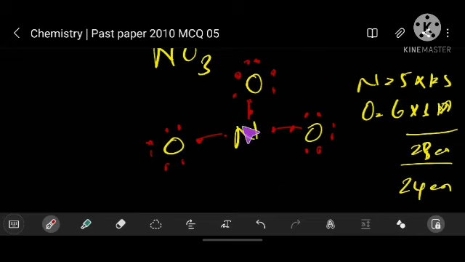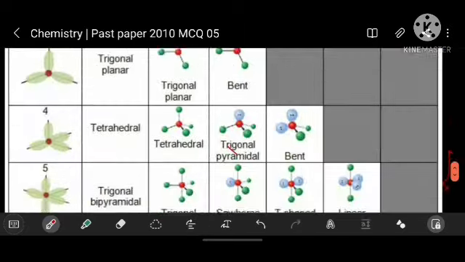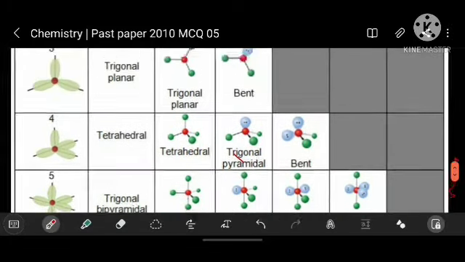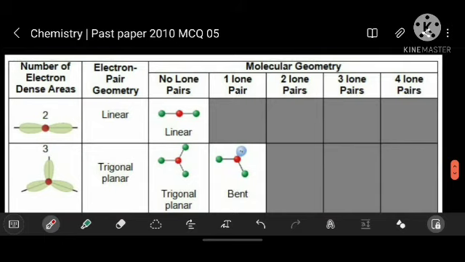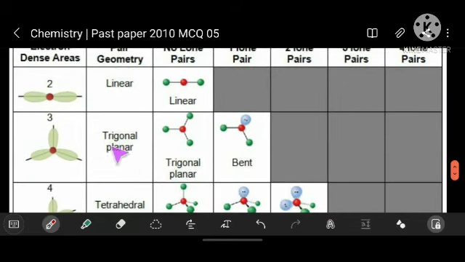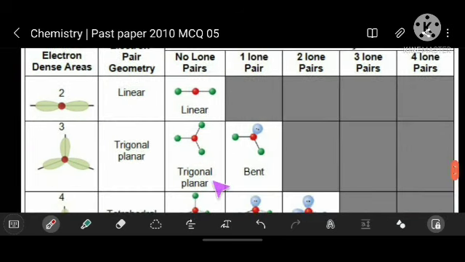So we have three repulsive units. We don't have any lone pairs. Let's check the chart. We have 3 repulsive units, so the electron pair geometry is trigonal planar, and we don't have any lone pairs, so the shape is also trigonal planar.